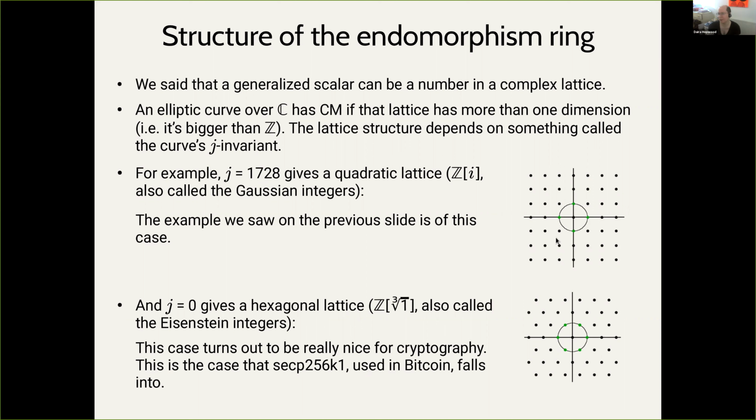So the possible scalars are on this complex grid. And another possibility is this sort of hexagonal grid or triangular grid. Okay, so an elliptic curve with complex multiplication, the elliptic curve over the complex numbers, is the case where this grid has more than one dimension. Okay.